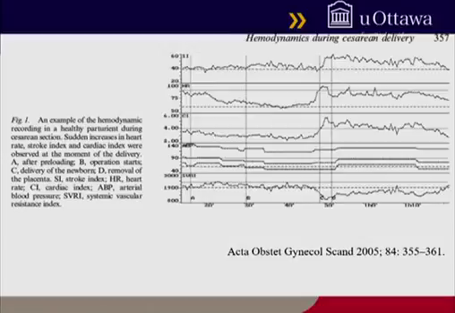Mean arterial pressure, the cardiac index rather, the third panel, mean arterial pressure, and the systemic vascular resistance index. So what you're seeing is we see the rise in the cardiac index, we see the rise in the stroke index, and then we see the drop in the SVRI.